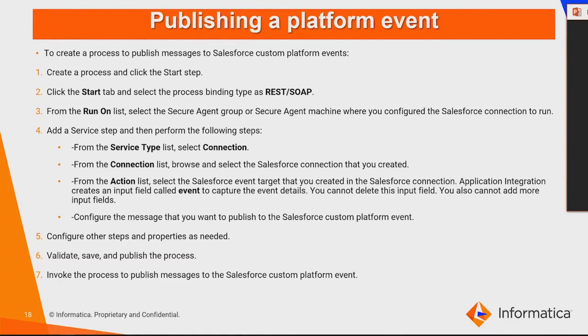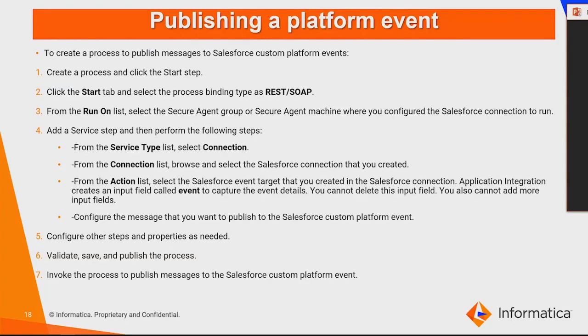The second way of publishing a platform event is through a create step. Use a create step and select the appropriate platform event object in the process and map the respective fields that are needed. We will show this in the demo.